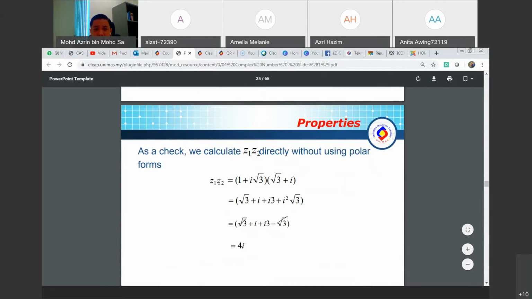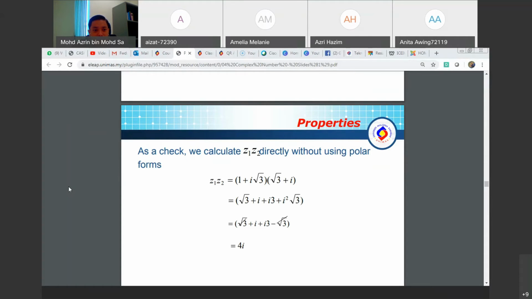So if you calculate Z1 multiplied by Z2 in the ordinary complex form, you get square root 3 plus I, times square root 3 plus I, squared. So still remember I squared equals negative 1. So here you get negative, because I squared is equal to negative 1.